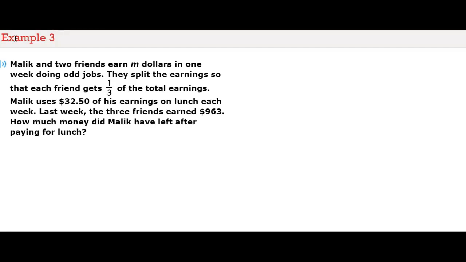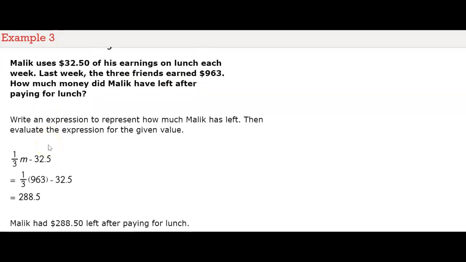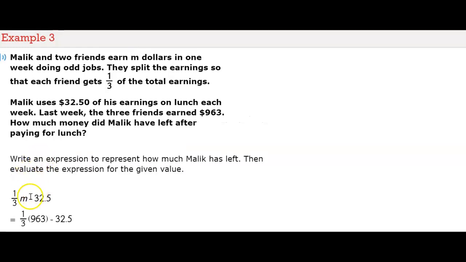So we need to identify the important information. So Malik uses 1/3 times M, and 1/3 is the portion of the total earnings from each of the 3 friends.